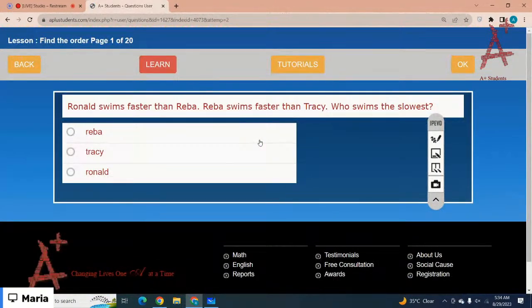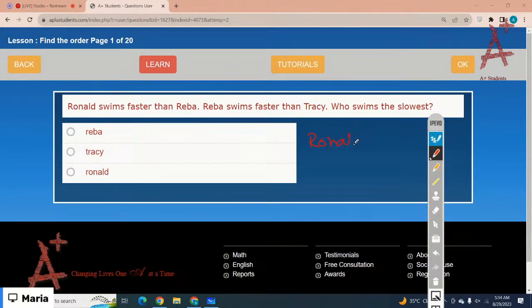Okay, Ronald swims faster than Reba. Okay, Ronald is faster and Reba is slower. Reba swims faster than Tracy. That means Reba is faster than Tracy. Here is Tracy.